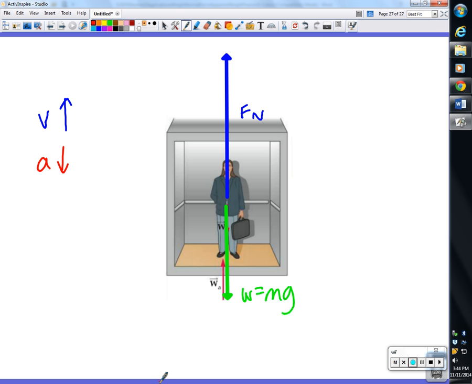As you're traveling upwards, your gravitational force doesn't change. But we can change the normal force. Once there's that big, huge increase at the beginning of normal force to create this sensation that you are heavy, now things change.